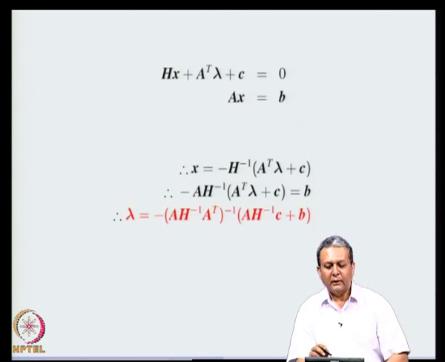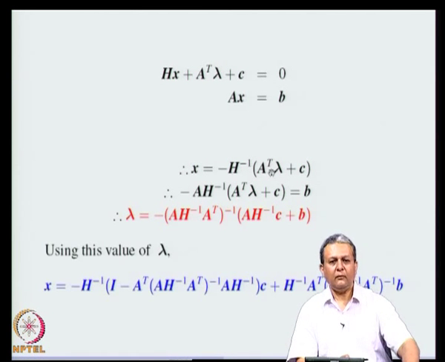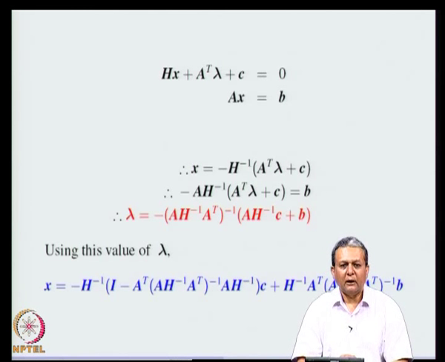So, lambda will be nothing but minus (A H inverse A transpose) inverse into (A H inverse C plus B). So, we are able to get lambda in terms of A, H, C and B. Once we have that lambda, we can plug in that value of lambda here to get x. So, using this value of lambda, we get an expression for x, which is shown here.